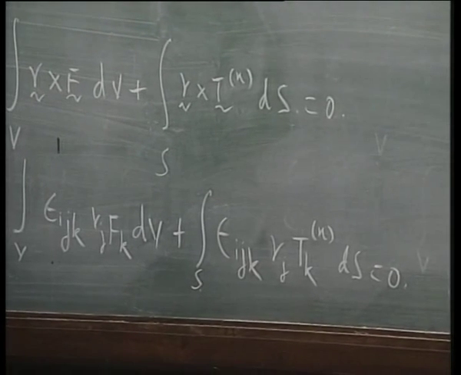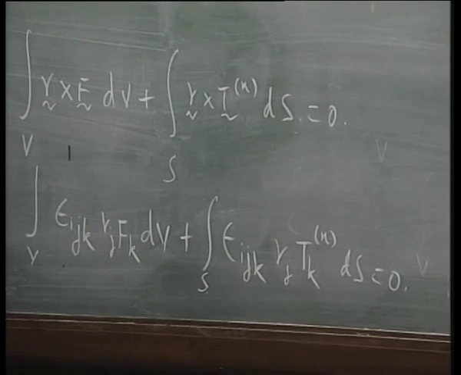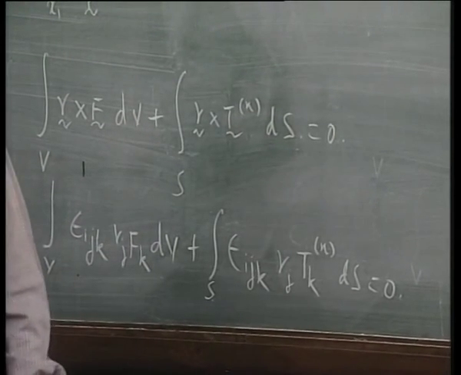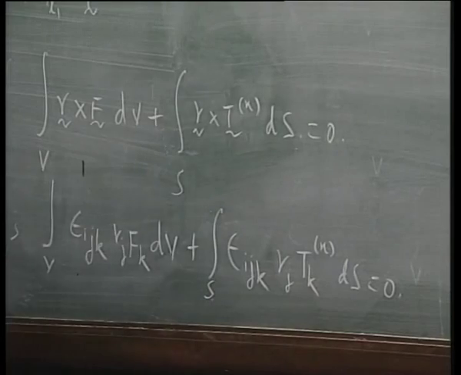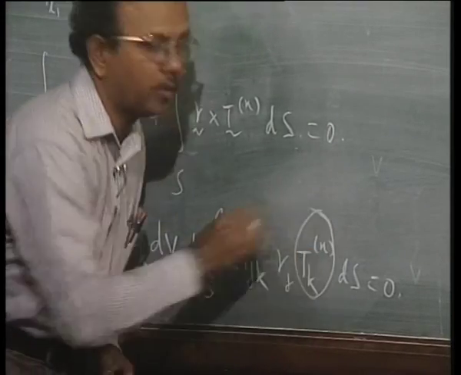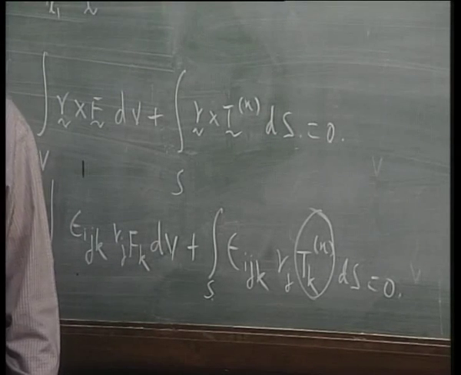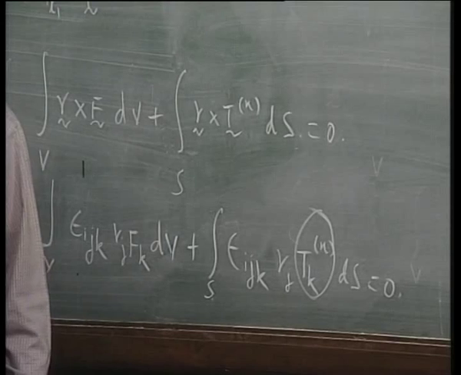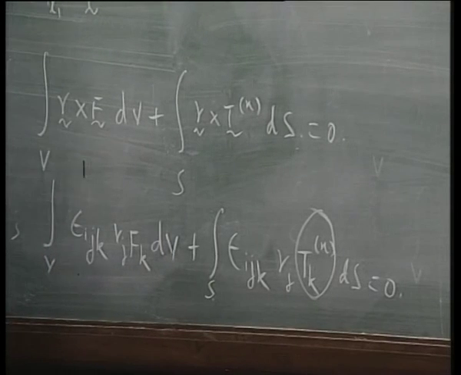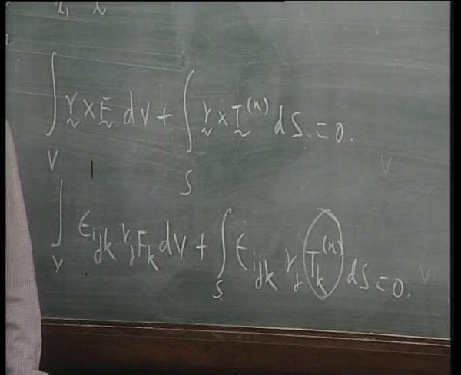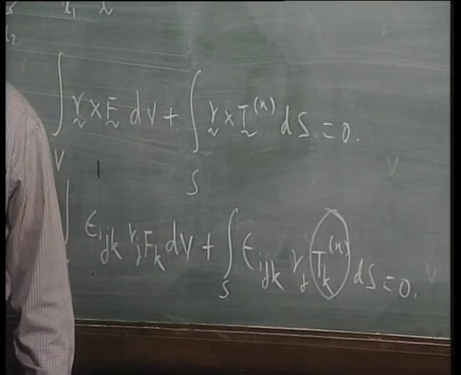Now I want to replace this by our stress tensor. You know the operation I'm going to do, same thing as what we did before. So this quantity, I'm going to replace by sigma. How am I going to write this? That is the crux of this whole thing. Let me make a, I would say, mistake.